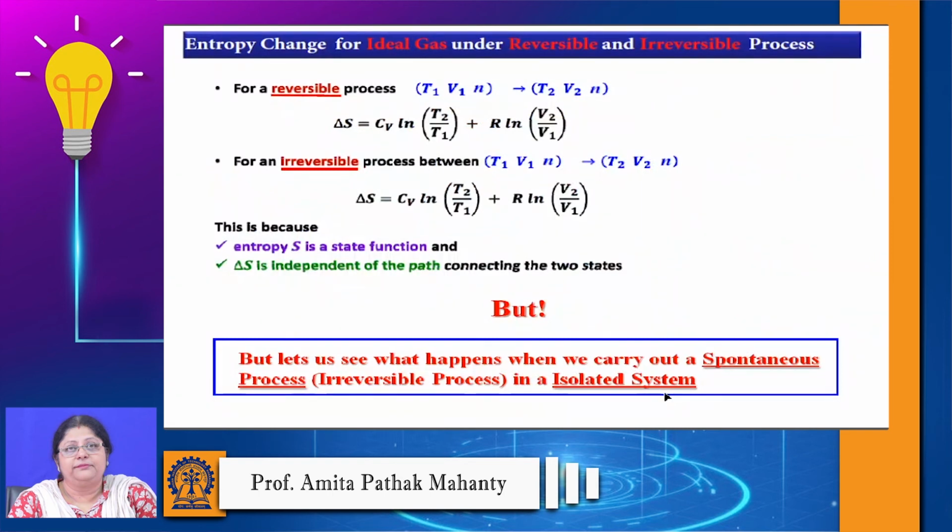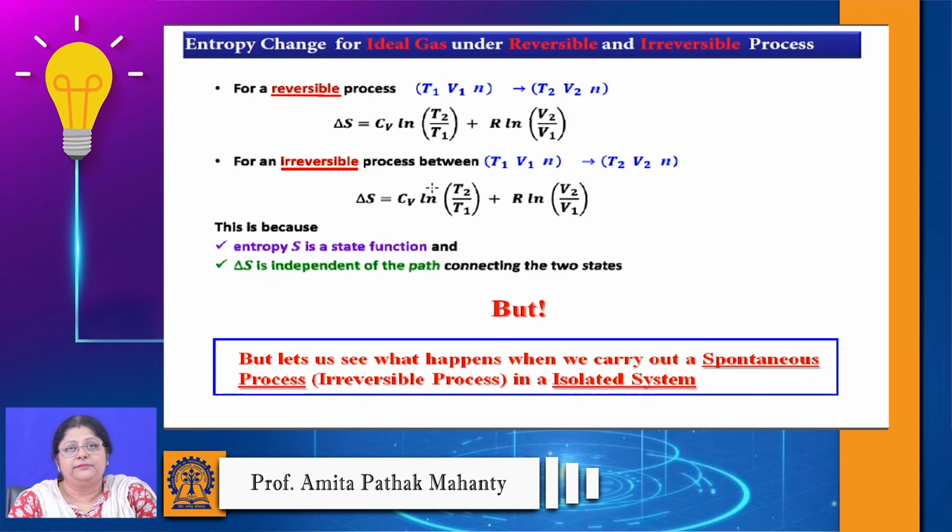Okay. Now I want to come into the irreversible conditions. If I have a reversible process or an irreversible process for an ideal gas, what happens? When I have a change in state of an ideal gas going from T1 V1 to T2 V2 for the same number of moles of the gas, then I can compute the entropy change by this expression, where delta S is related to Cv ln T2 by T1 plus R ln V2 by V1.